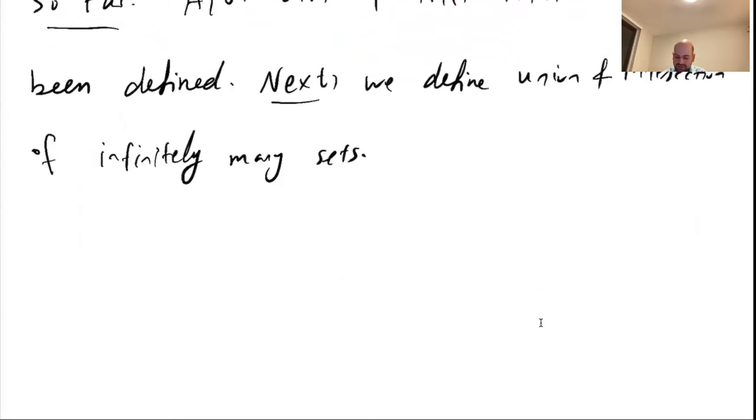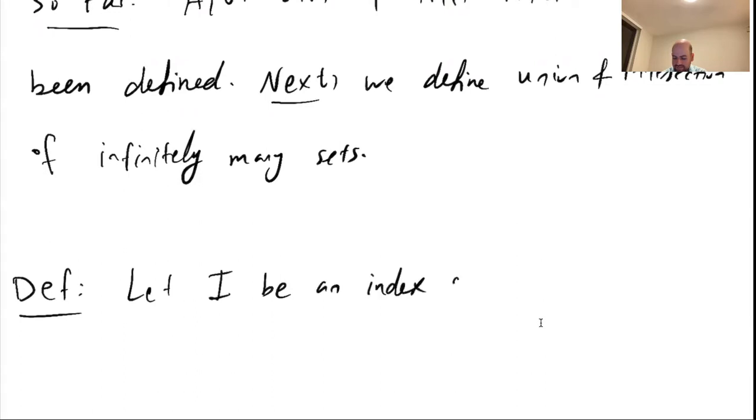So definition, let I be an index set. For example, we can set I to be N, the set of natural numbers.